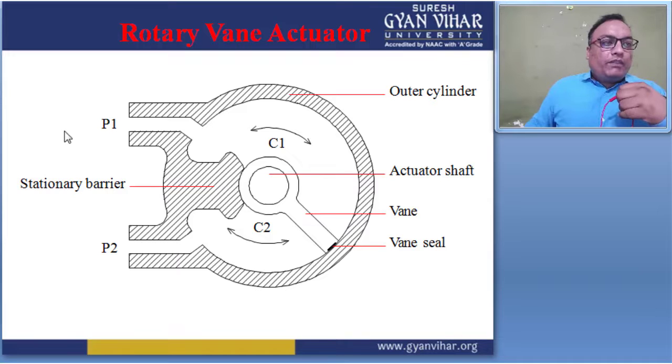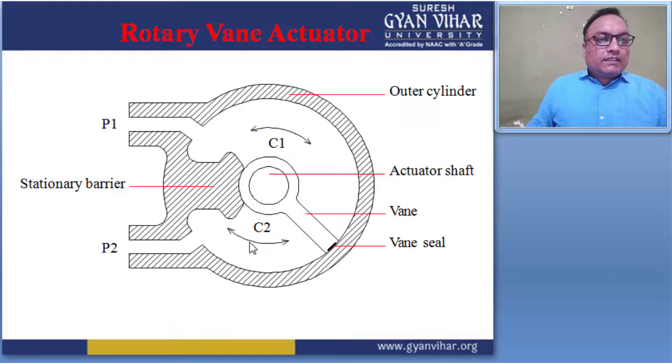If I send the fluid in at this end, it creates a pressure force at this point, and this rotates the actuator shaft in the clockwise direction. And after some time, if you want to rotate it anti-clockwise, then you send the fluid in from this end.